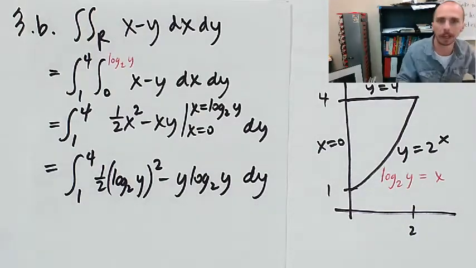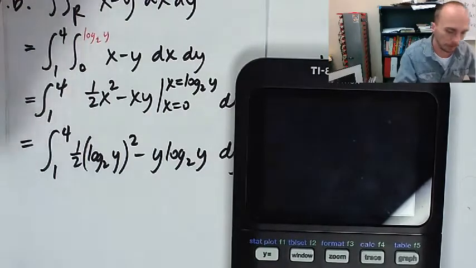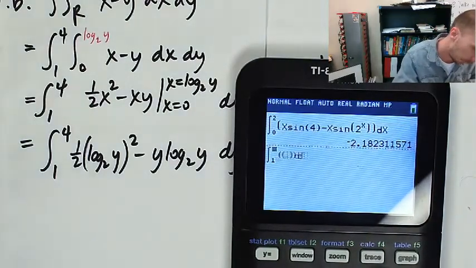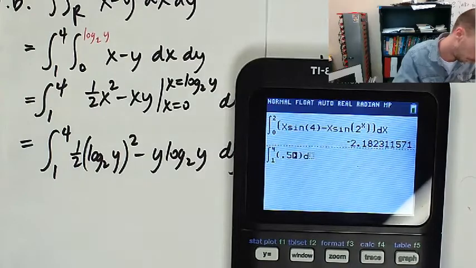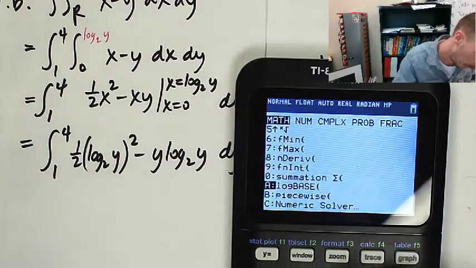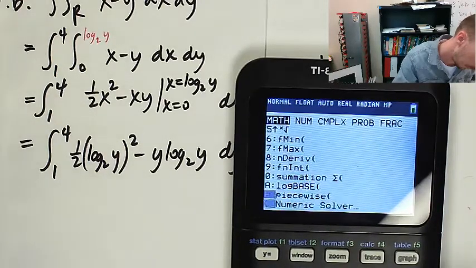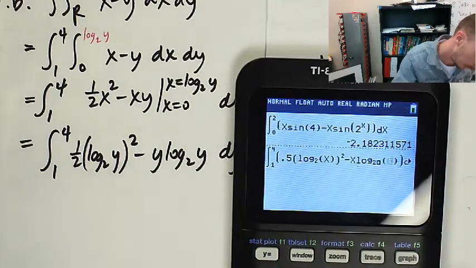Okay. Now this is, again, a job for the calculator. That's why I put that 2 to the x one on there, right, for the calculator. So integral from 1 to 4 of 1/2 of, I don't even remember where it is. Yeah, here it is. Log with base 2 and argument y, close that off and square it, minus y times log with base 2 and argument y.